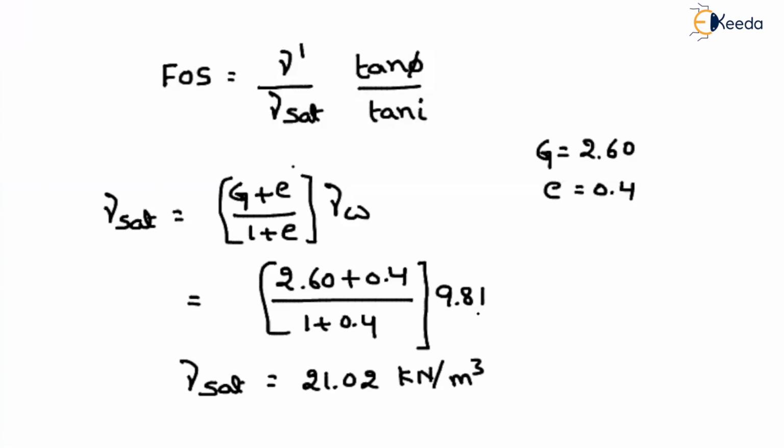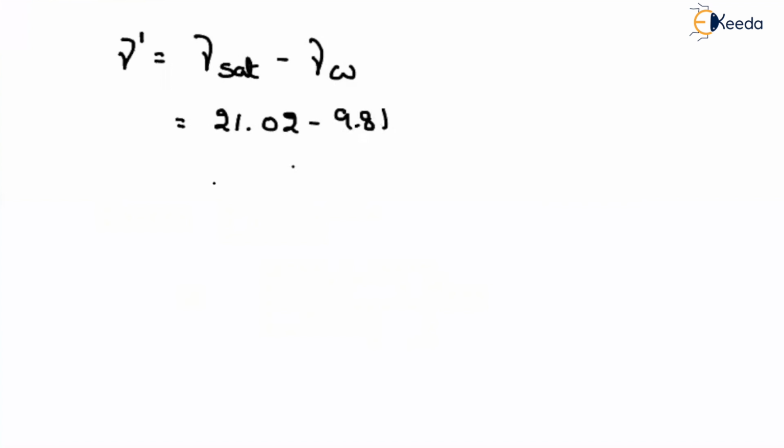Since I have taken 9.81 in kilonewton per meter cube, my saturated unit weight will also be in kilonewton per meter cube. The submerged unit weight is gamma sat minus gamma W, that is 21.02 minus 9.81, which gives gamma dash equal to 11.21 kilonewton per meter cube.